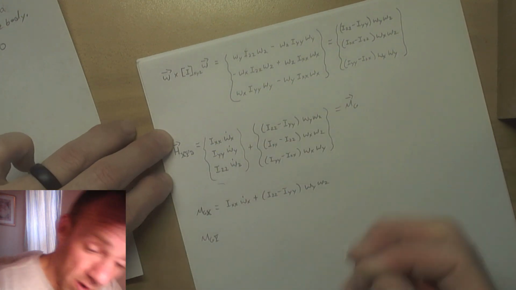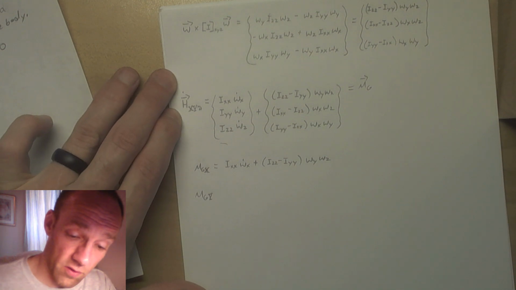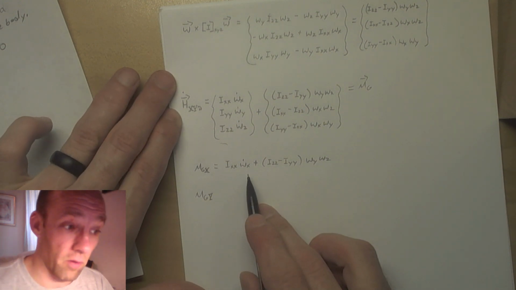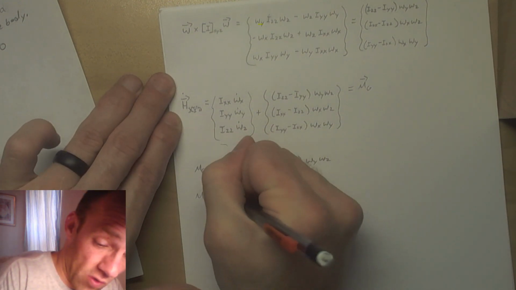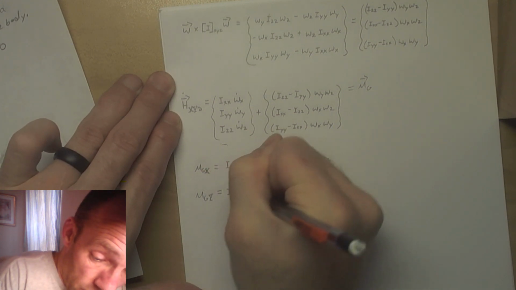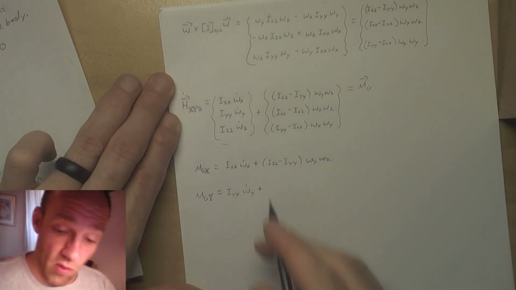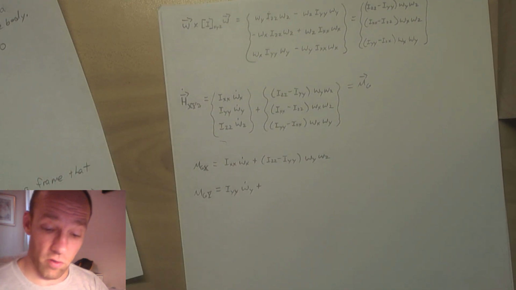These are components. Everything in this equation is a number. There are no vectors in this. These are just the components, right? Solve, put into a computer in order to solve.